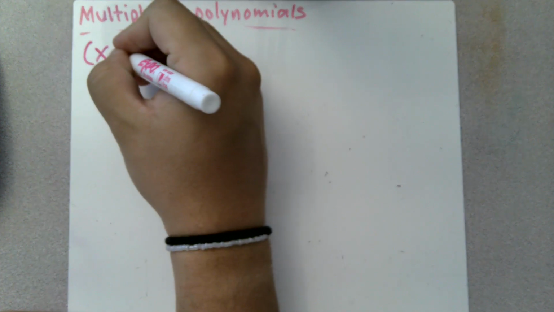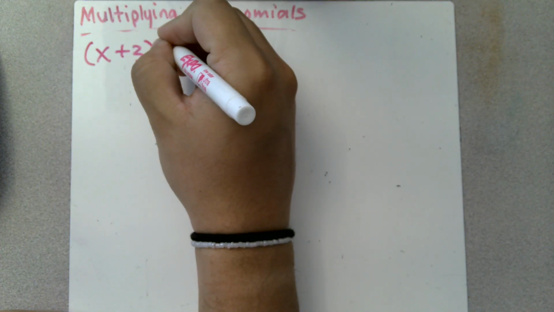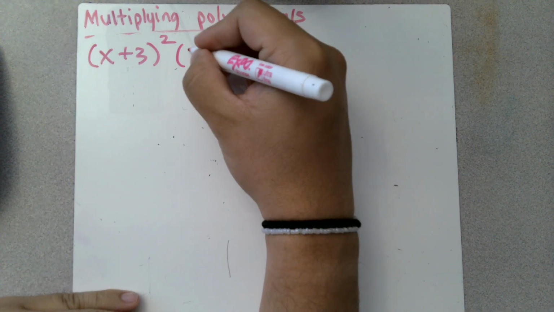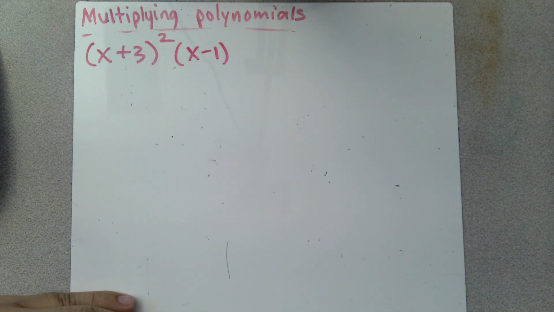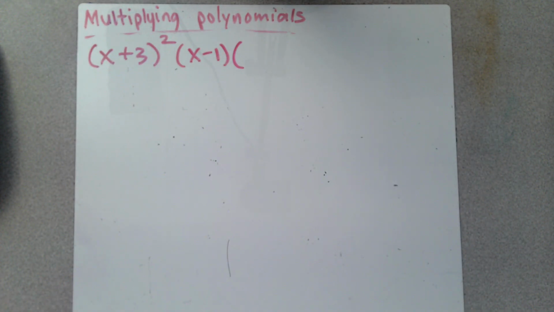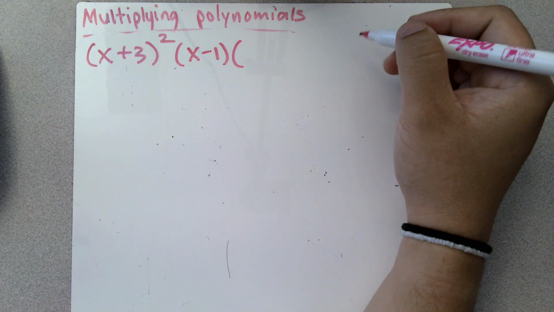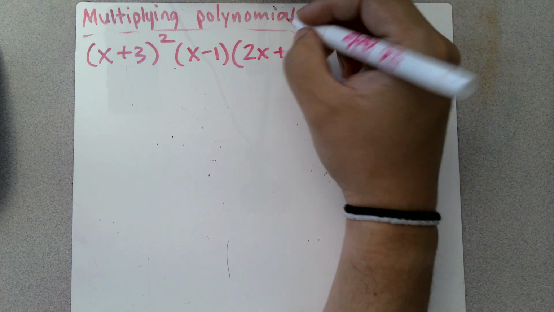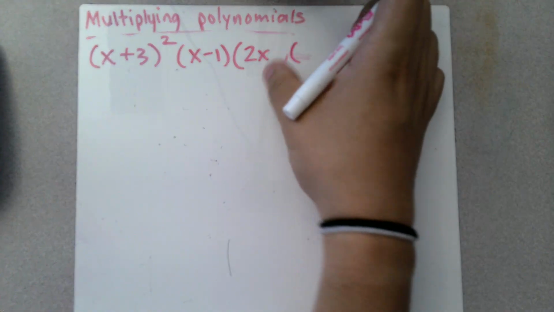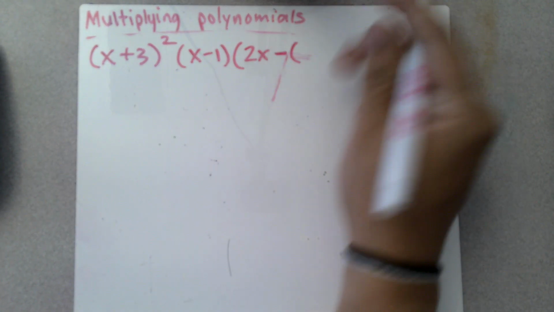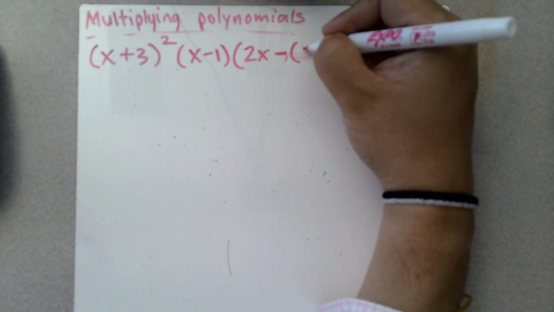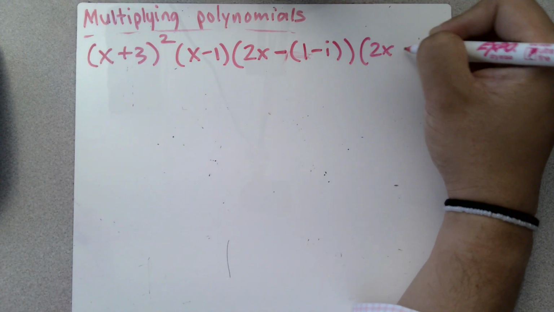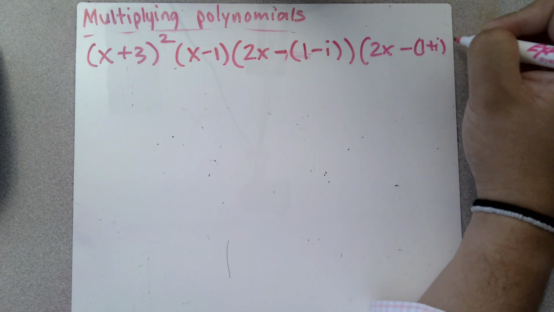Let's do x plus 3, squared, times x minus 1, times, let's do 2x plus... Oh, it can't be plus, my bad. Minus, let's say 1 minus i. And then we'll have 2x minus 1 plus i.